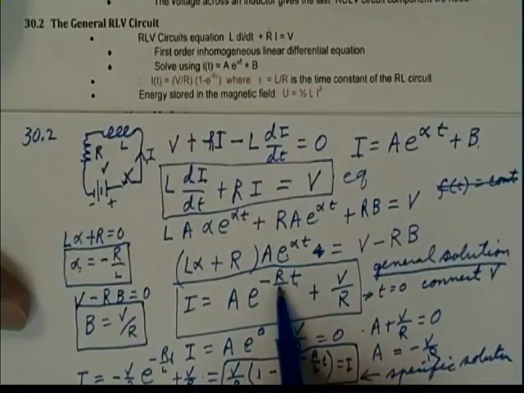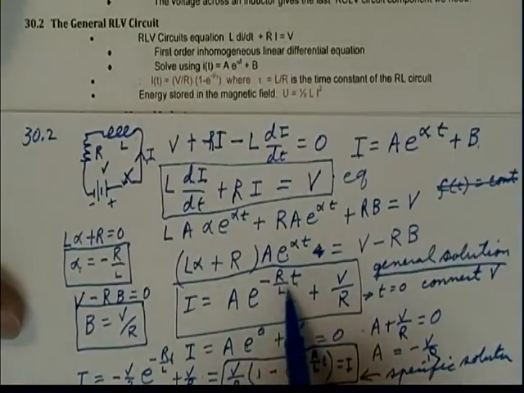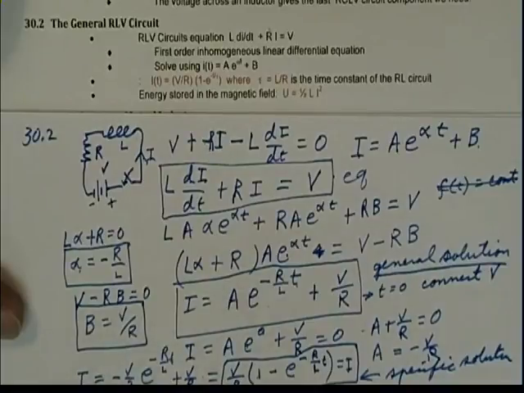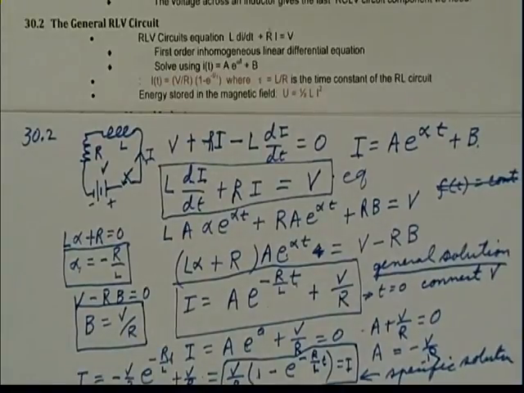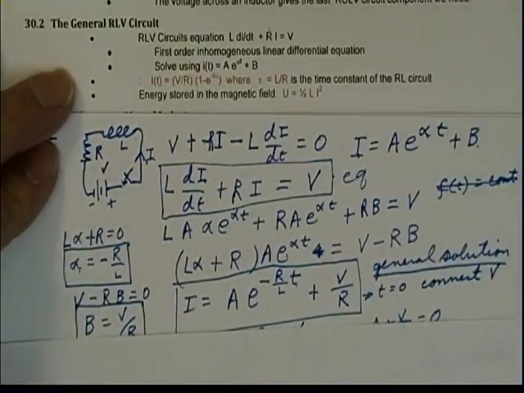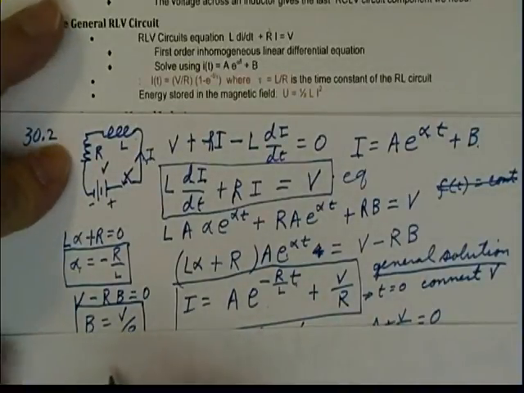I want to point out the fact that this is a time constant here. Remember, all exponential functions must have dimensionless arguments. So this can be rewritten as, I'm going to use another piece of paper here. Here we have the form e to the minus R over L t.